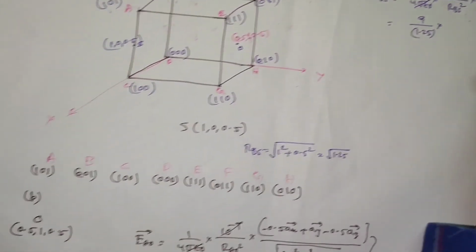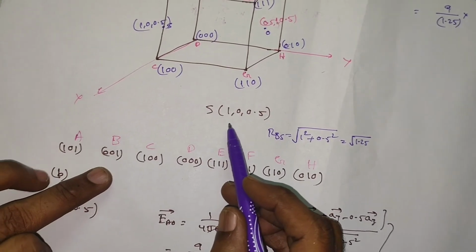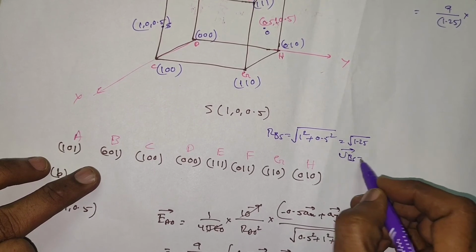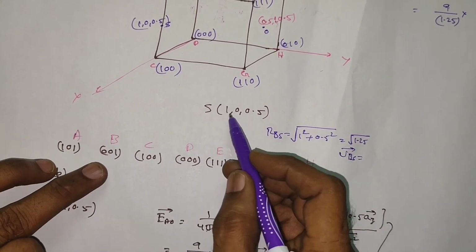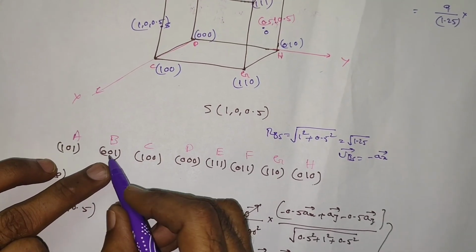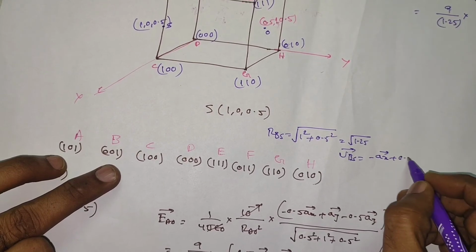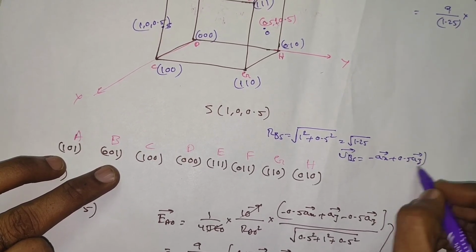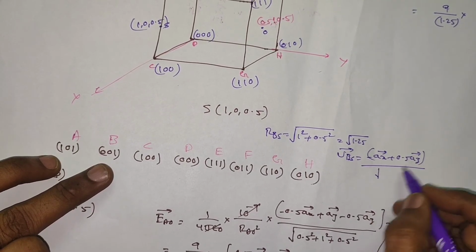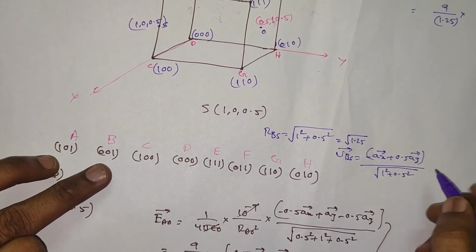The vector UBS I am also showing here. This is B and this is S. UBS bar is equal to (0 minus 1), that is minus AX bar, and (0 minus 0) is 0, and (1 minus 0.5) is plus 0.5 AZ bar, divided by the square root of 1 square plus 0.5 square.